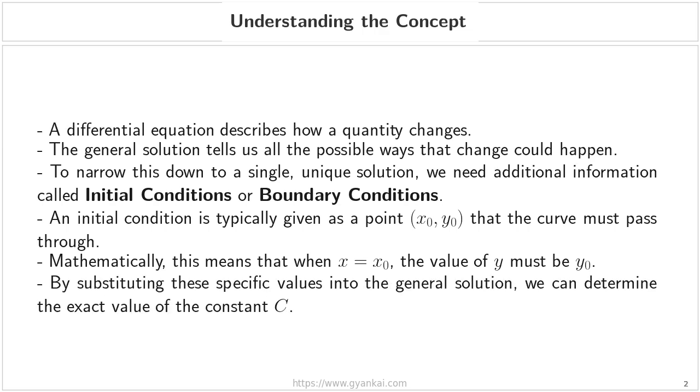By taking these specific, known values and substituting them into our general solution, the one containing that arbitrary constant C, we can perform the algebra necessary to lock that constant into place and determine its exact numerical value. This is the bridge that takes us from the general family of curves to the specific particular solution we are about to learn how to calculate in the next slide. Now that we've established that a general solution represents a whole family of curves, let's dive deeper into the concept of how we pick just one.